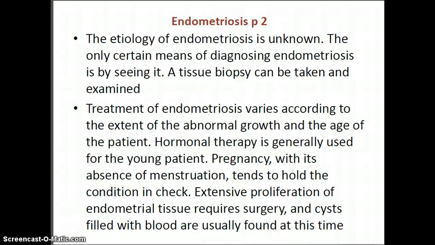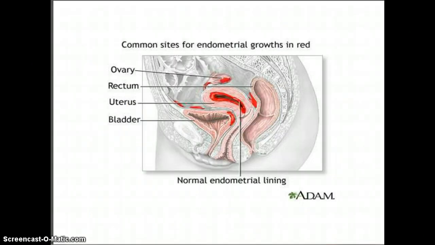If there is extensive proliferation, this may require surgery. It is an extremely painful condition. Here's a diagram showing you the common sites for endometrial growth, and you can see the arrow pointing to normal endometrial lining. But there are many areas that are common for endometriosis to occur.